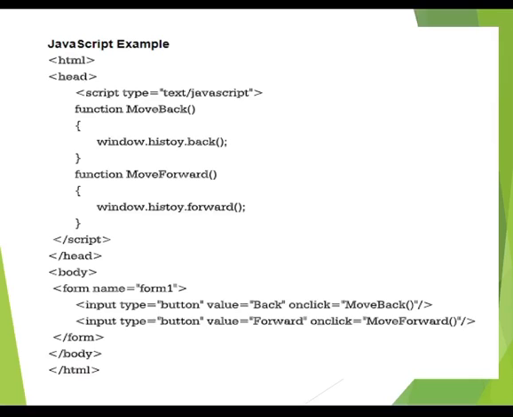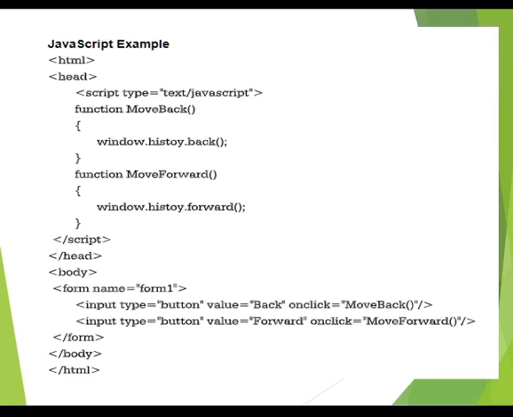Okay. Next is to move forward. So input type is equal to button, value is equal to forward, onclick is equal to moveForward. So the moveForward function will be called, and it will display the next page that is in the history list of your URL. Okay. Close form tag, close body and close HTML tag.